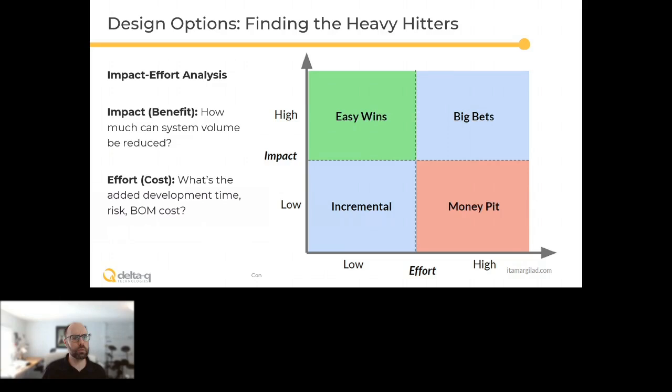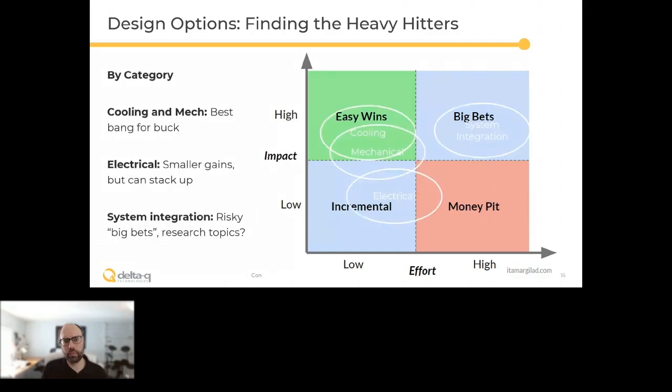So if we look at this from those categories we were talking about, cooling, mechanical, and so on, where do they fall? In our experience, the cooling and the mechanical, particularly cooling, generally is the best bang for the buck, which I think should be clear looking at the relative size of the different parts of a typical air-cooled design in that previous pie chart. There are things on the electrical side that are also worth doing. They're probably smaller gains, but they can stack up.